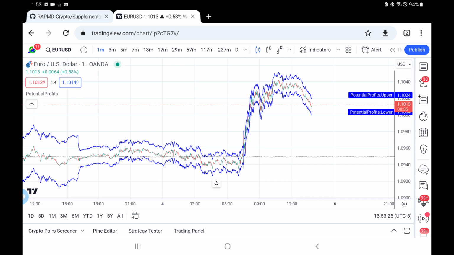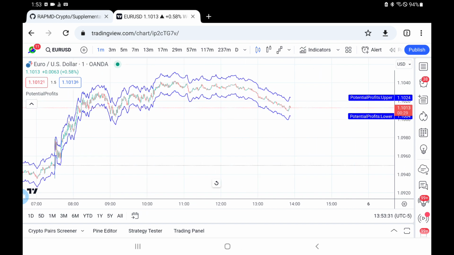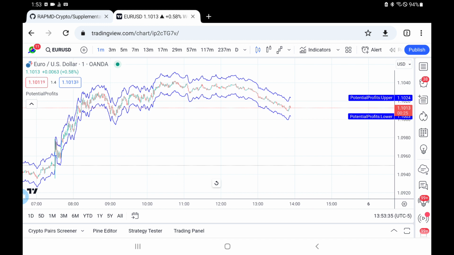As we can see by zooming in to the most recent activity, we see that the blue lines or the boundaries are very narrow. They're not far apart. This tells you that the market doesn't have a lot of volume and liquidity in it at the moment.